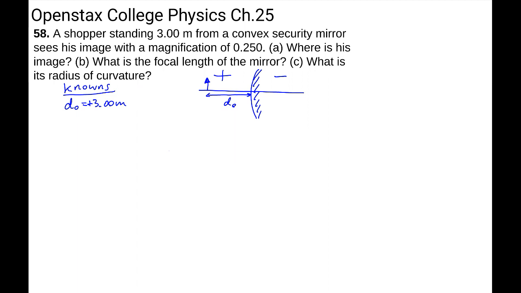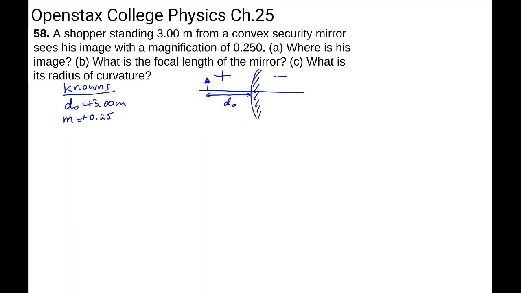Then we're told that the magnification, M, is 0.25. So the fact that the magnification is less than 1 means that the shopper appears smaller than his actual height in the mirror. But also the shopper is going to be right side up, so the magnification is positive.